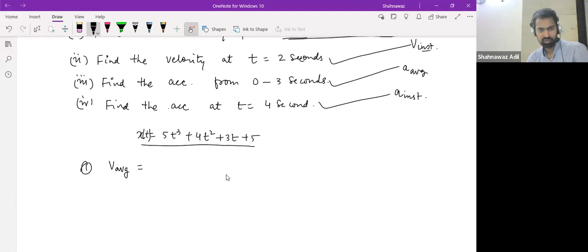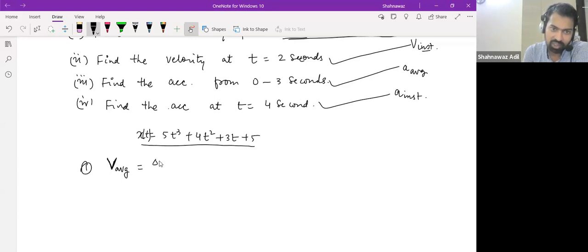How do we calculate the average velocity? So v at 4 minus v at 0 divided by 4 minus 0. No, just remember that we are calculating the average velocity.